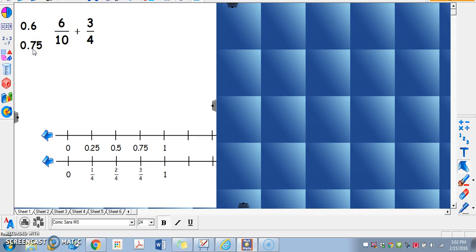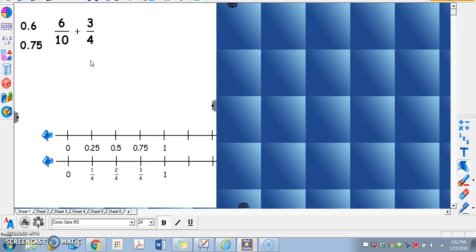What they need to know is those benchmark fractions and fluently be able to translate 0.75 into 3/4 and vice versa. So then at this point, they would look for their common denominator of 20, change this into 12/20ths, change this into 15/20ths, and then go from there as far as adding the fractions.